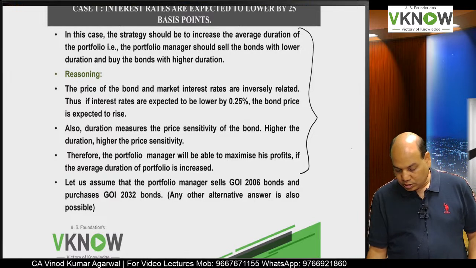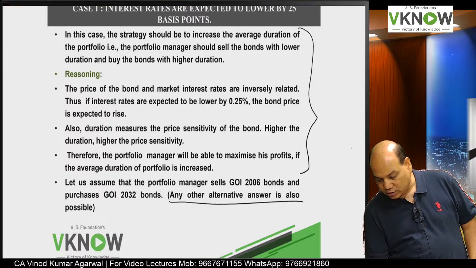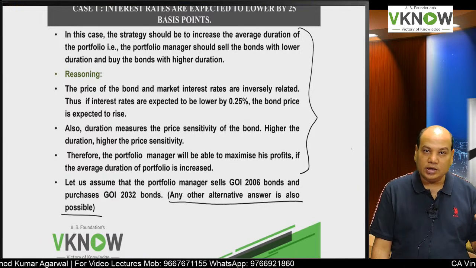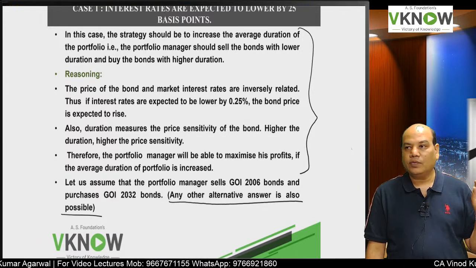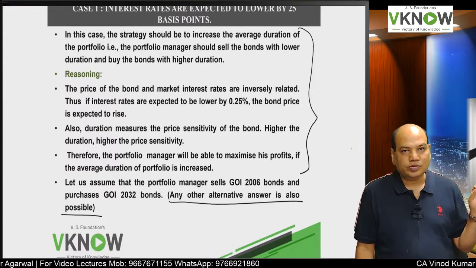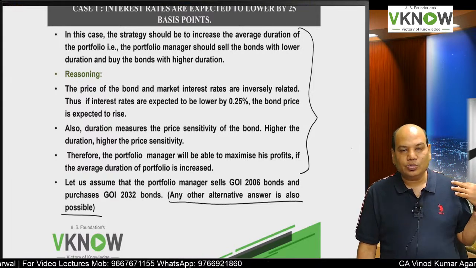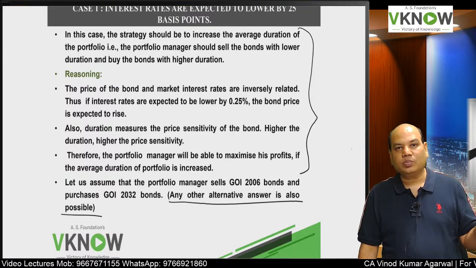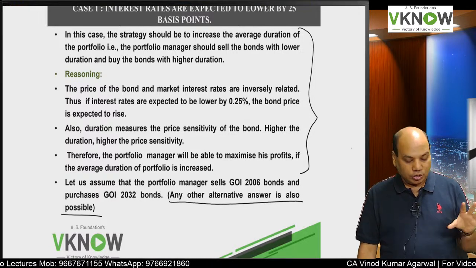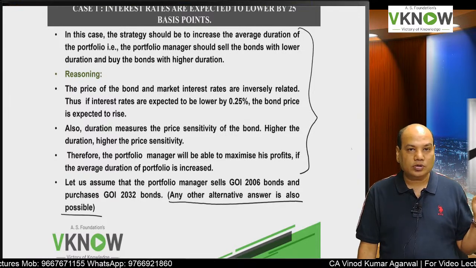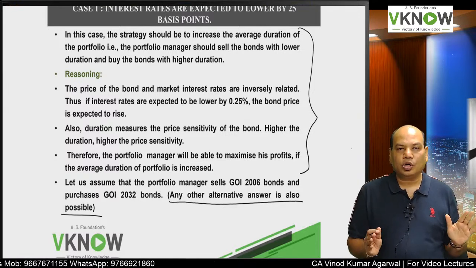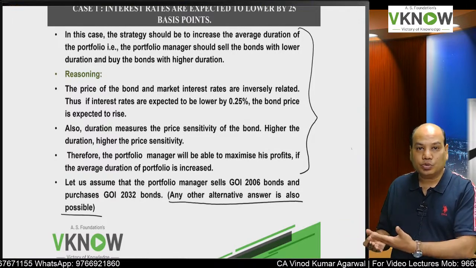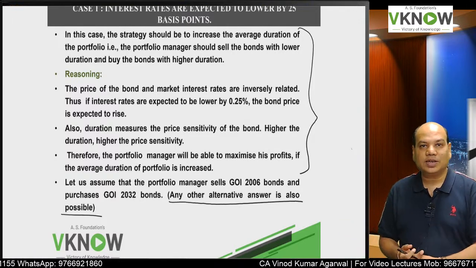Any other alternative answer is also possible, which means you can also sell 2010 bonds. If you are very sure that interest rates will fall and if you are willing to take risk, you can even sell 2010 bonds and put money in 2032 bonds. You can sell 2015 bonds also. But what happens if you put all your funds in 2032 bonds and your expectation does not materialize?